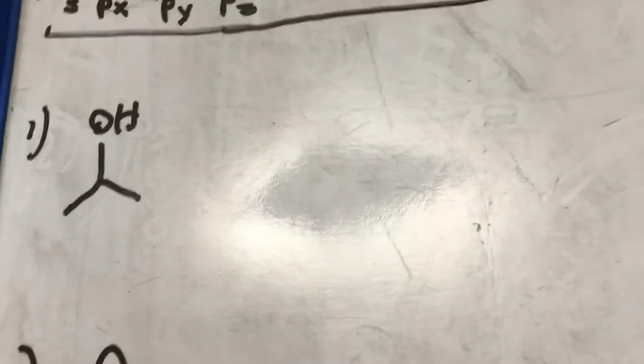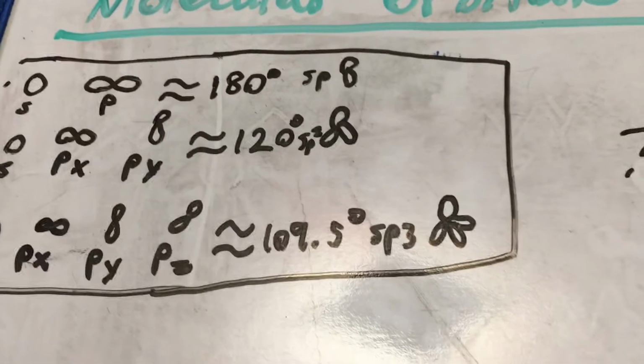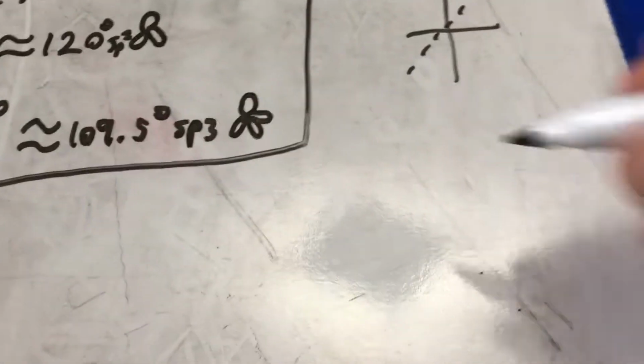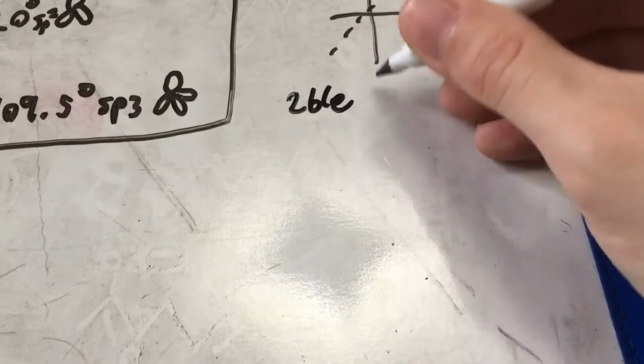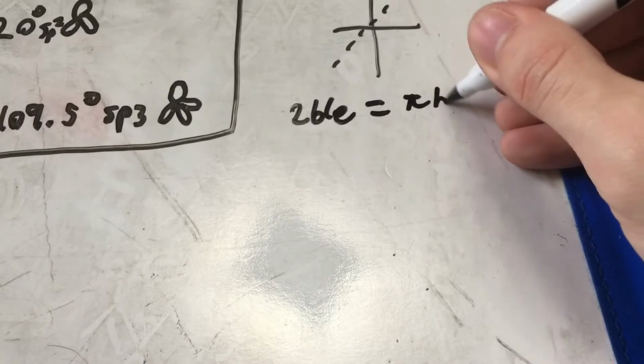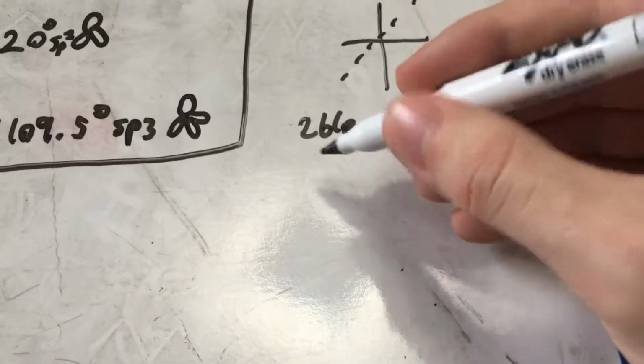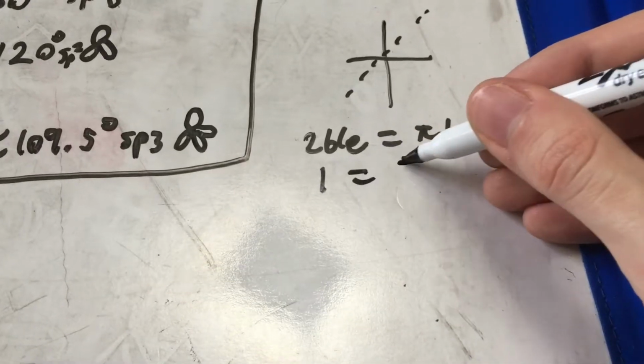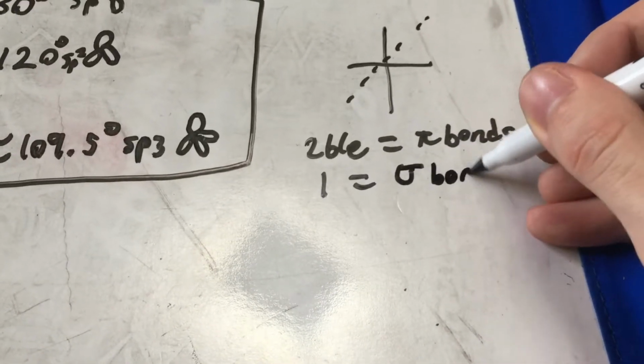So, double bonds we call pi bonds, and single bonds we call our sigma bonds.